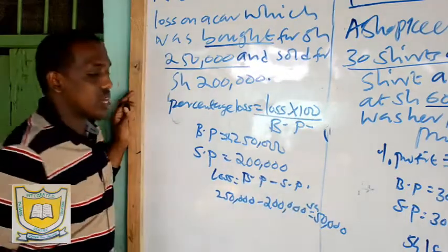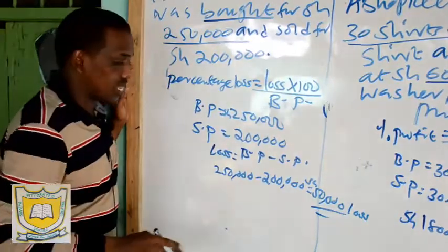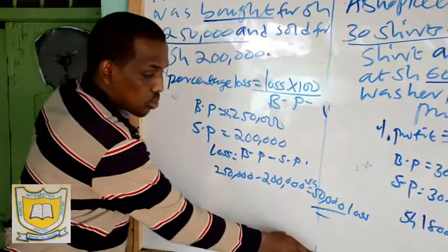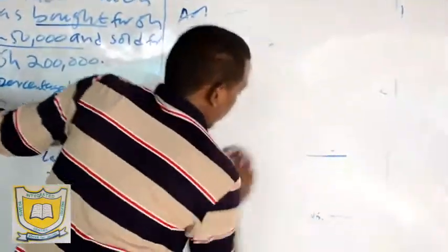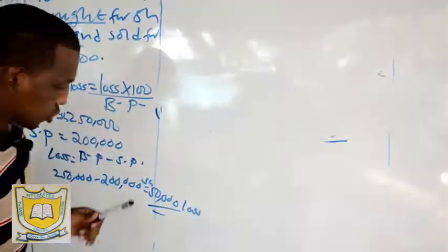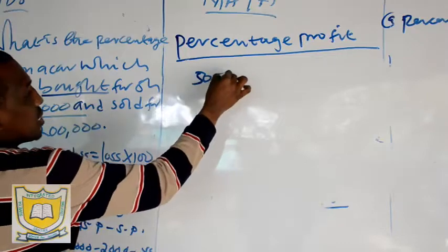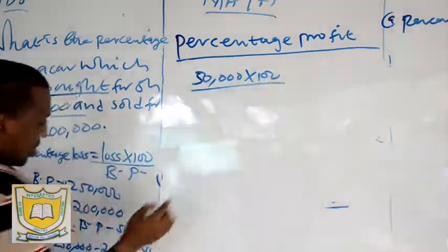Shillings 50,000. This is the loss. They don't want the loss, they are asking for the percentage loss. So percentage loss is equal to the loss, which is 50,000, times 100 over the buying price.